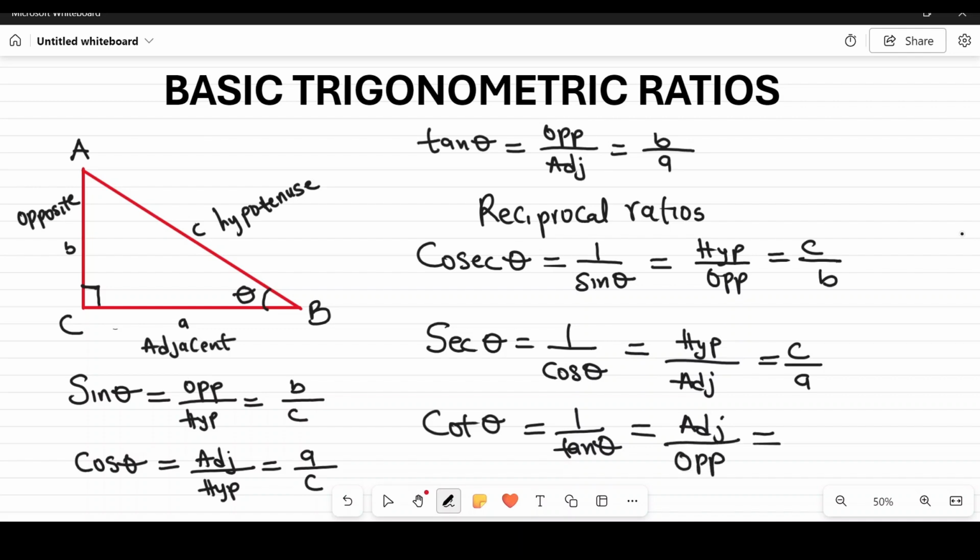So therefore, from our figure, adjacent is side CB, represented as A, and our opposite is side AC, represented as B. We have been able to derive the 6 basic trigonometric ratios using our right angled triangle. Now, let's take up an example to understand these 6 basic trigonometric ratios.